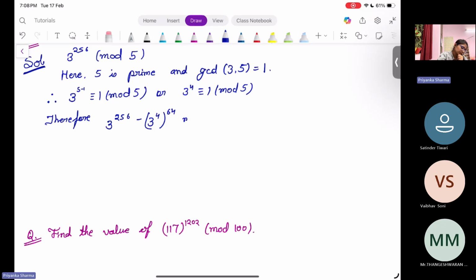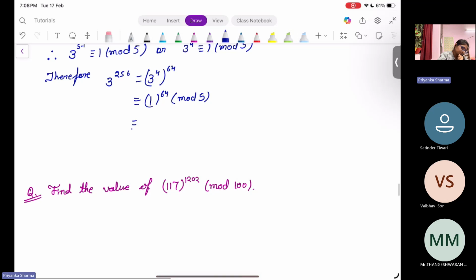This will be congruent to 1 to the power 64 mod 5. So this will be 1 mod 5.